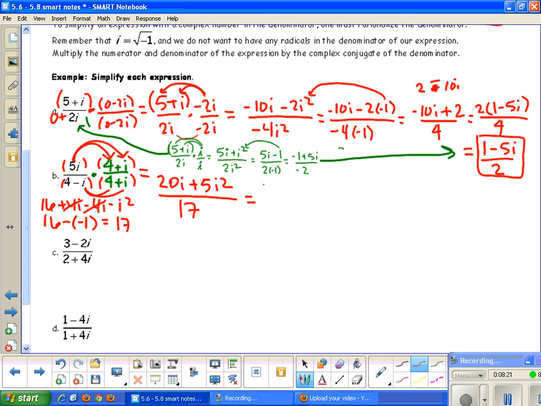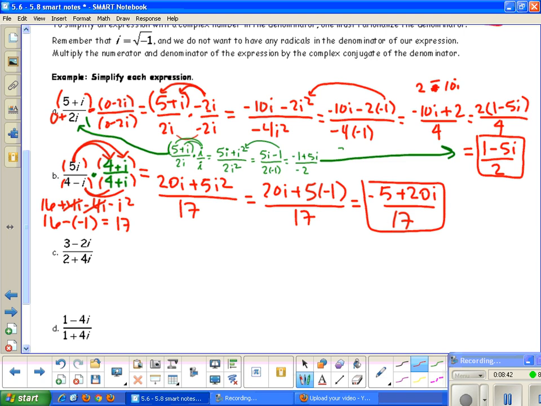So I get 20i plus 5 times negative 1, because remember, i squared is really negative 1. And then if we rewrite it, we have negative 5 plus 20i over 17. And there are no common factors between the numerator and the denominator, so this would be my solution.